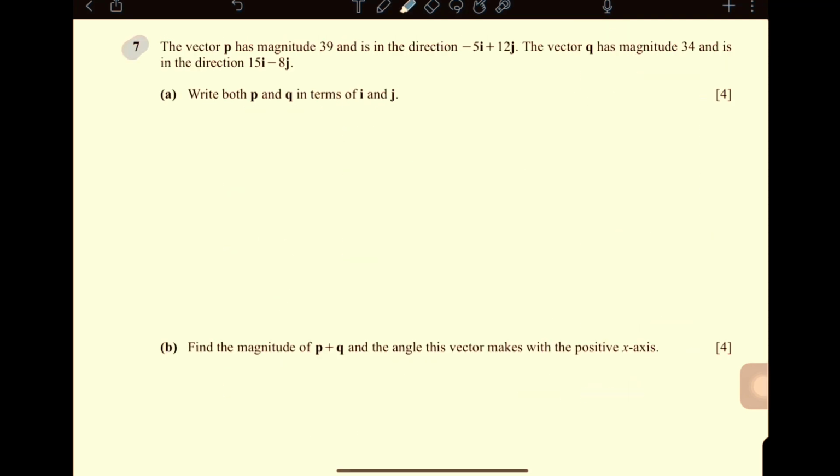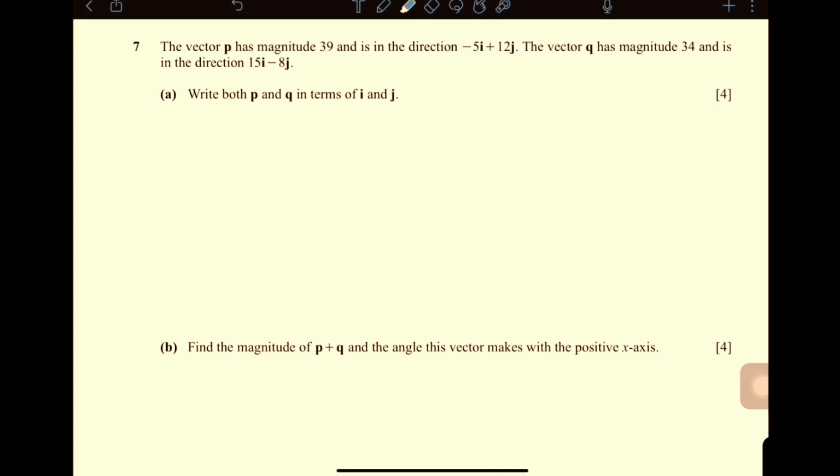Question 7. The vector p has magnitude 39 in the direction minus 5i plus 12j, and q also has magnitude 34 and its direction is 15i minus 8j.